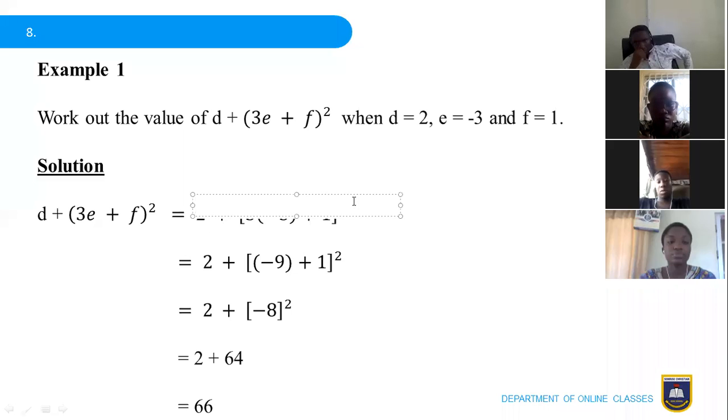So in place of your d, you will now go and put the 2 there. Emmanuel, can you see that? Yes, sir. Now, plus, when you come to the bracket, we have 3e, which means 3 times e. Emmanuel, what is the value of e? 3. No.